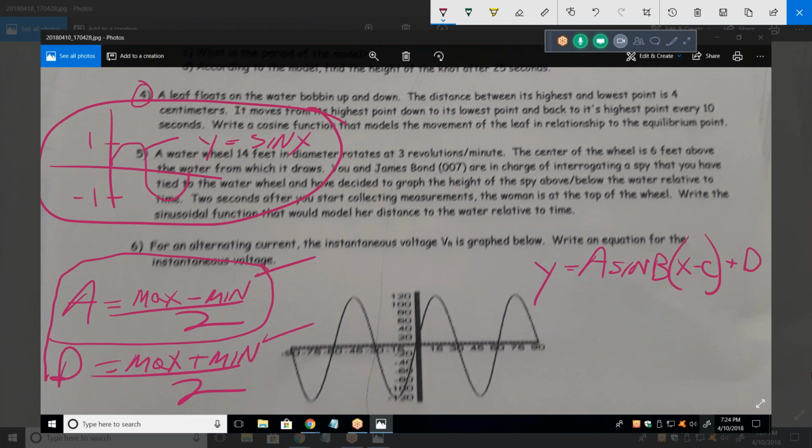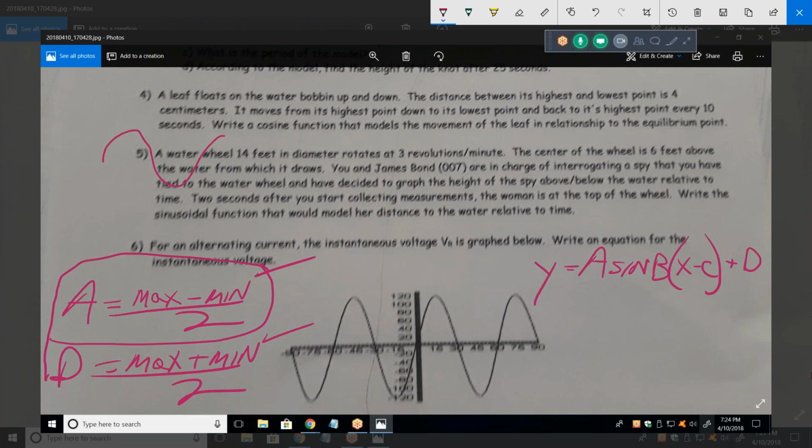Okay? So, they're giving us a lot of information here. Remember, the real value of trig is that it models so many things in real life. Anything that's periodic. When you have a leaf floating on water that's bobbing up and down, it's periodic. The height of that leaf is going to go like that, right?